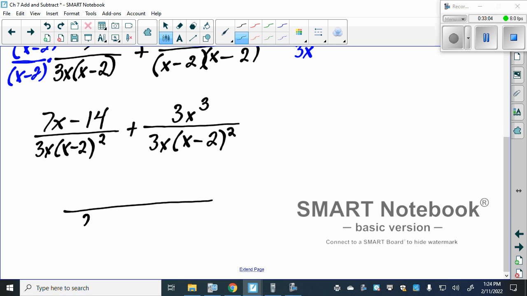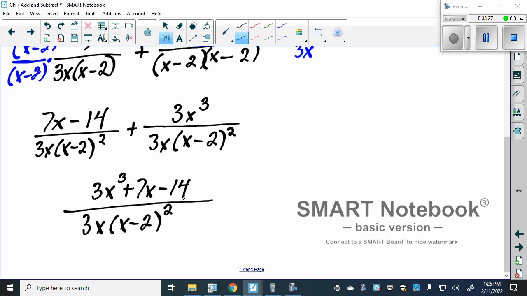And last but not least, we can go on and add the numerators. Unfortunately for this one here, none of the numerators are like terms, so we'll just have 3x cubed plus 7x minus 14.